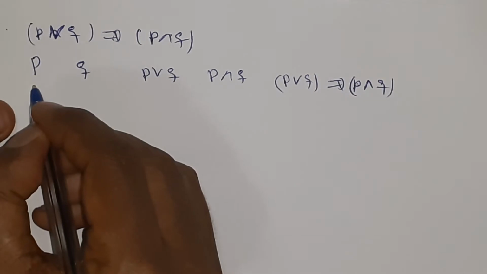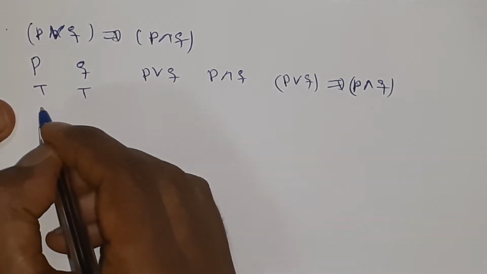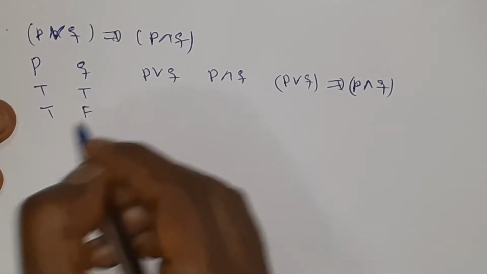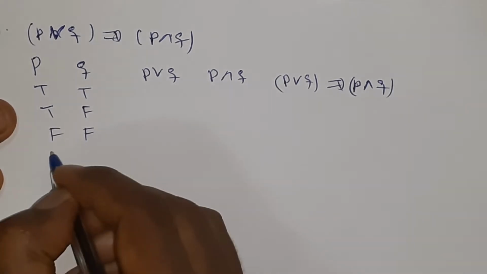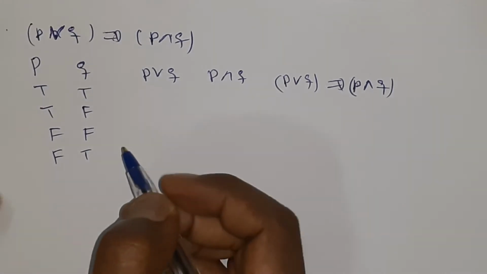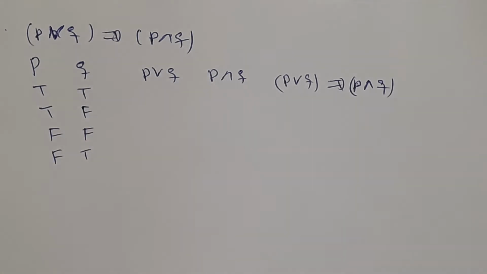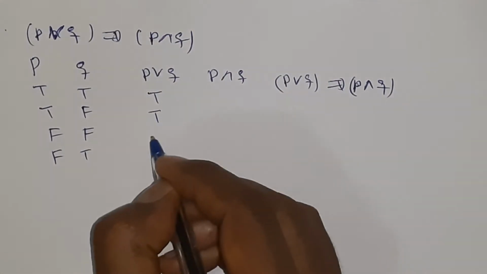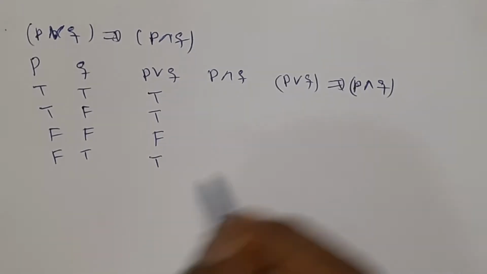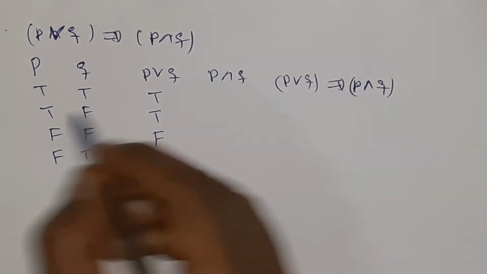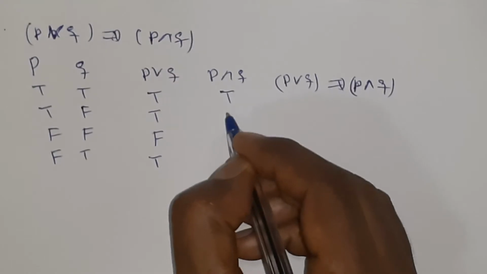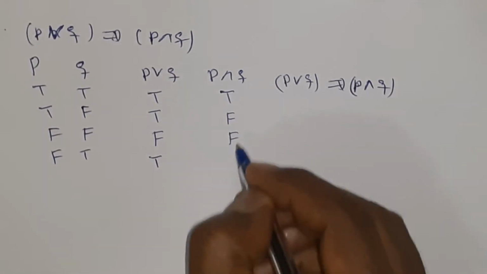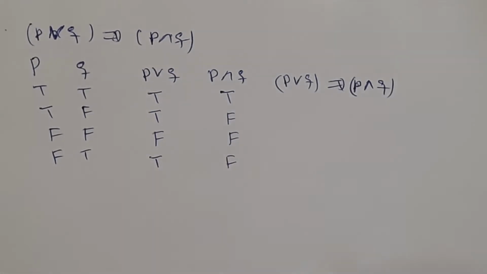Both P and Q may be true. This is true and false, false, false, false, true. So depending on these truth values, P or Q will be: true or true is true, and this is true, false, then true. P and Q: true and true is true, this is false, false, we have false.